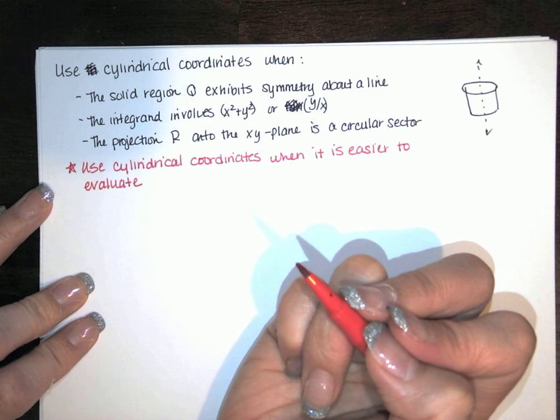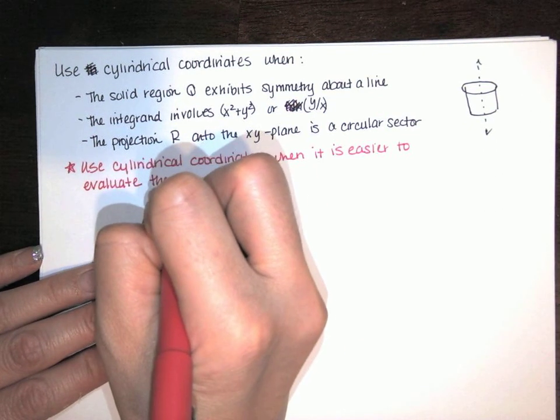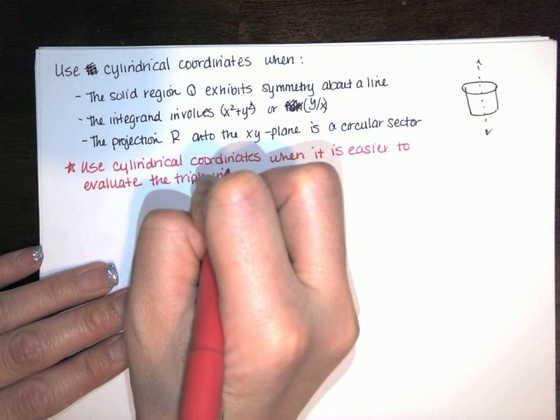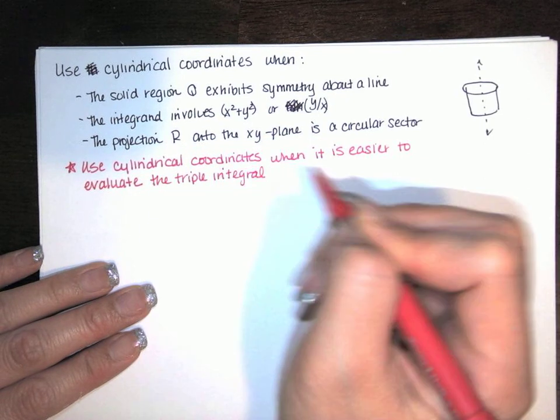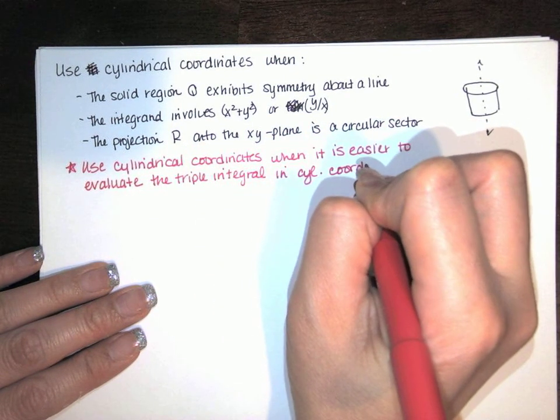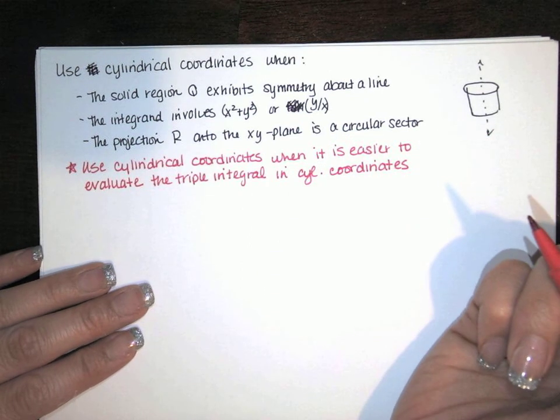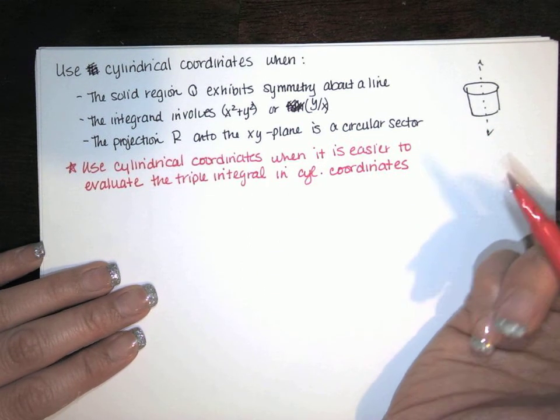So we want to use cylindrical coordinates when it's easier to evaluate the triple integral in cylindrical coordinates. I know that there's probably a much better, more efficient way to say that, but I didn't think of it when I was writing it down, sorry.